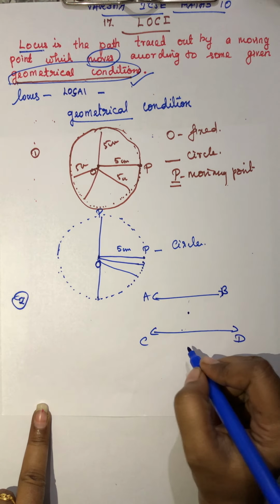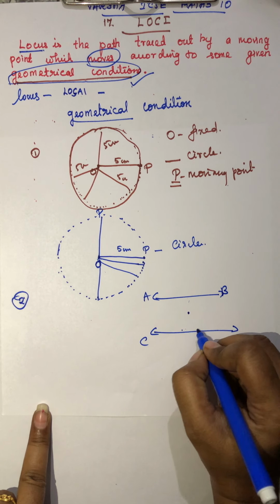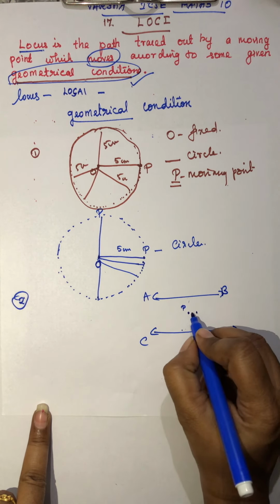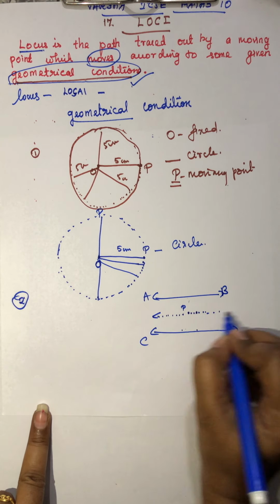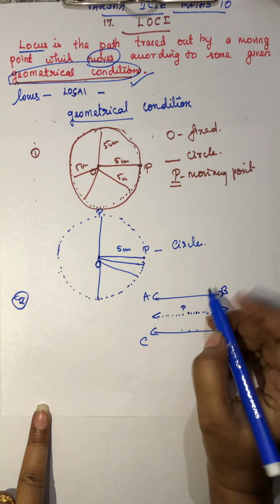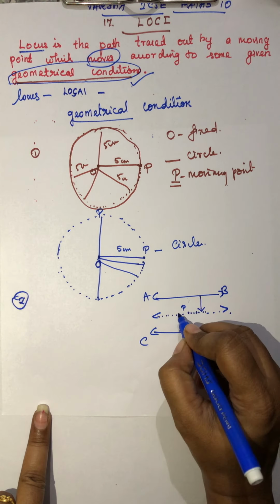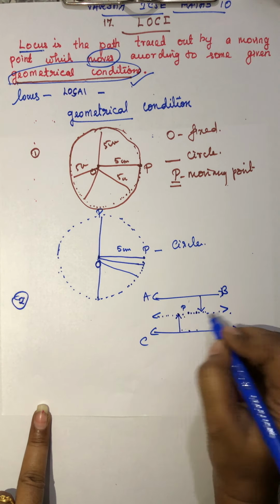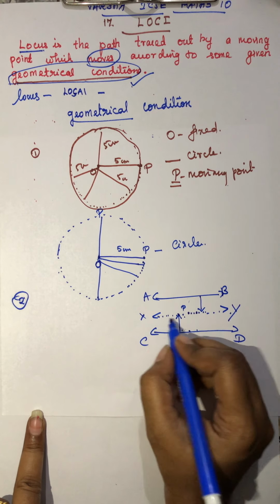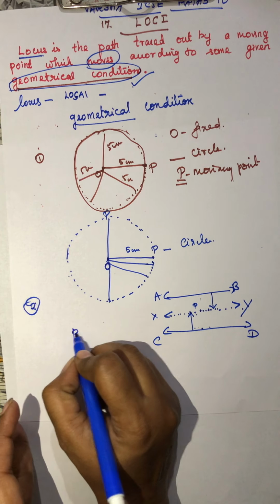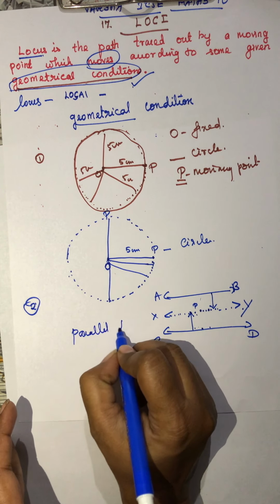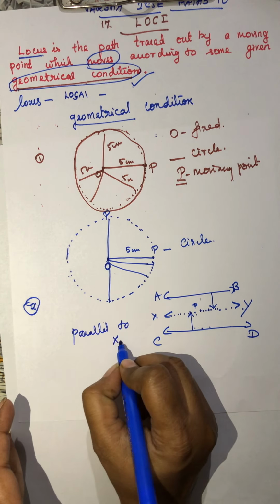It is moving, but the distance from AB and CD is equal. What do we get finally? This is the path of the movement of P. When you join, we get a parallel line, parallel to XY, AB and CD.